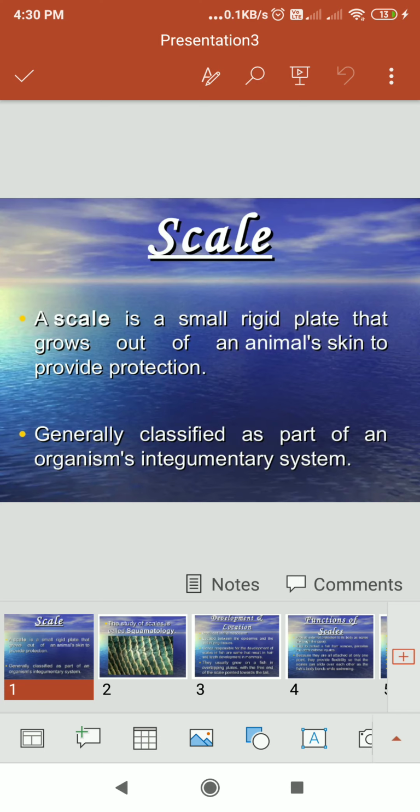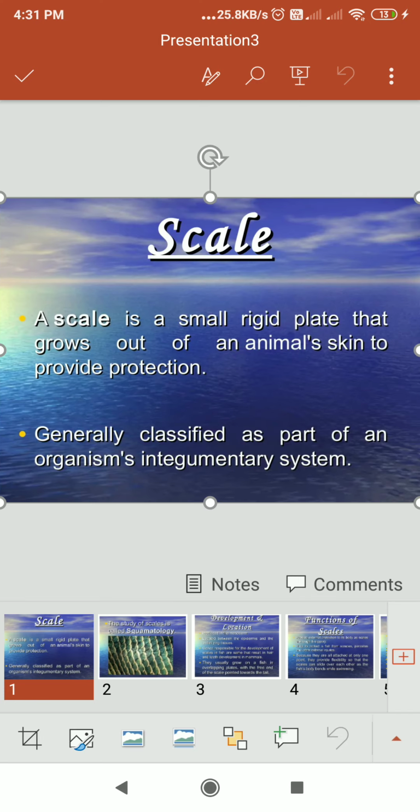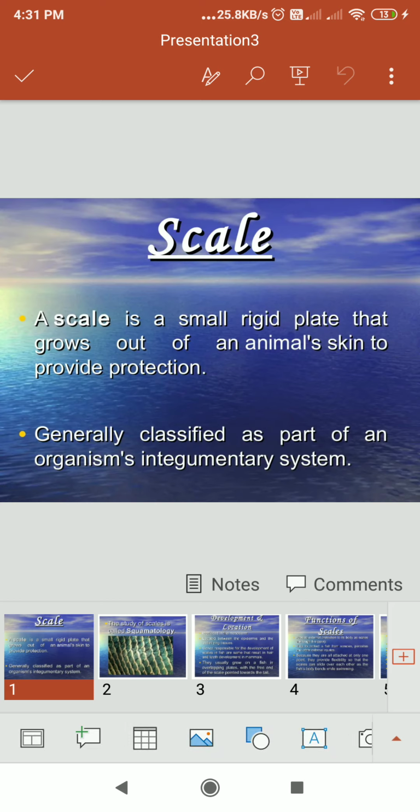Some animals use the scales for respiration. Some use scales for tolerance of temperature and other water parameters. And you can say these reptiles basically use the scales for protection.